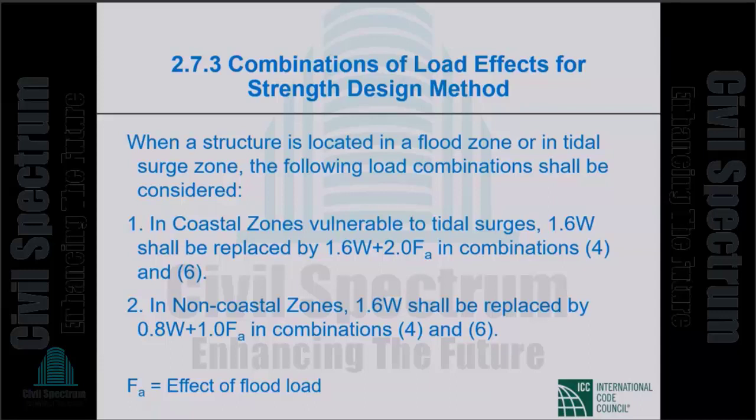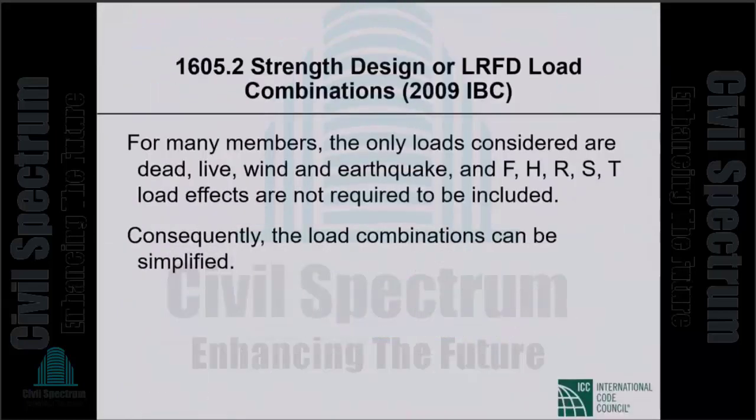That has to be calculated according to BNBC 2020. Okay? So in coastal zones vulnerable to tidal surges, 1.6 W shall be replaced by 1.6 W plus 2.0 F sub A. In non-coastal zones, 1.6 W shall be replaced by 0.8 W plus 1.0 F sub A. These are BNBC provisions that are important for you to keep in mind.